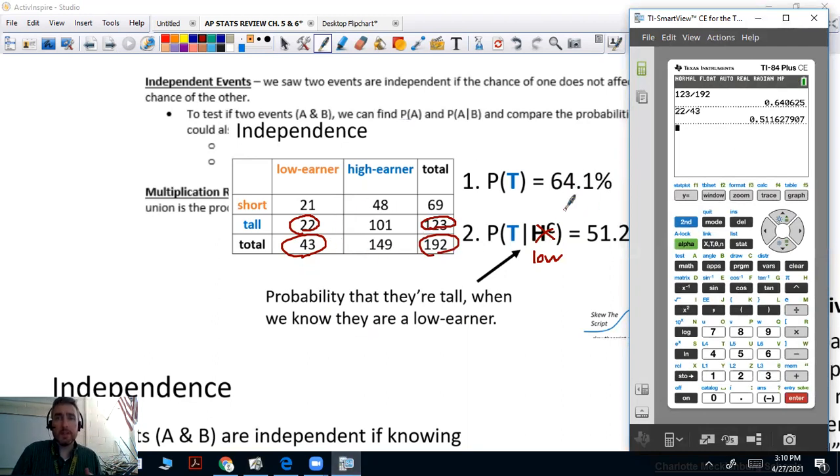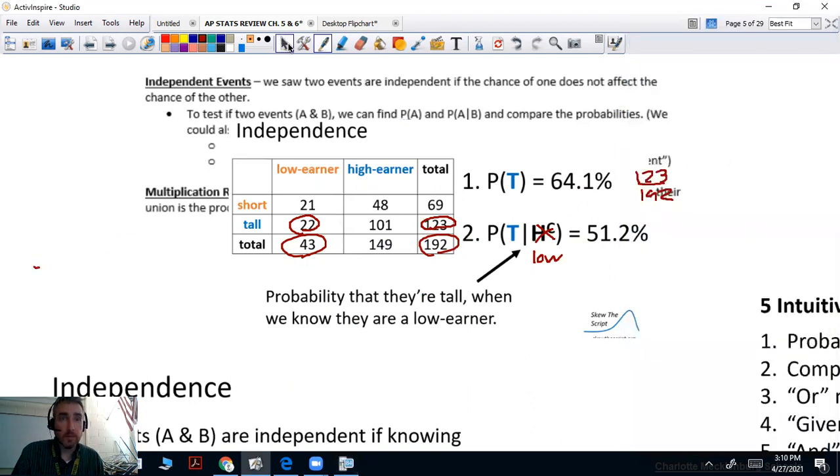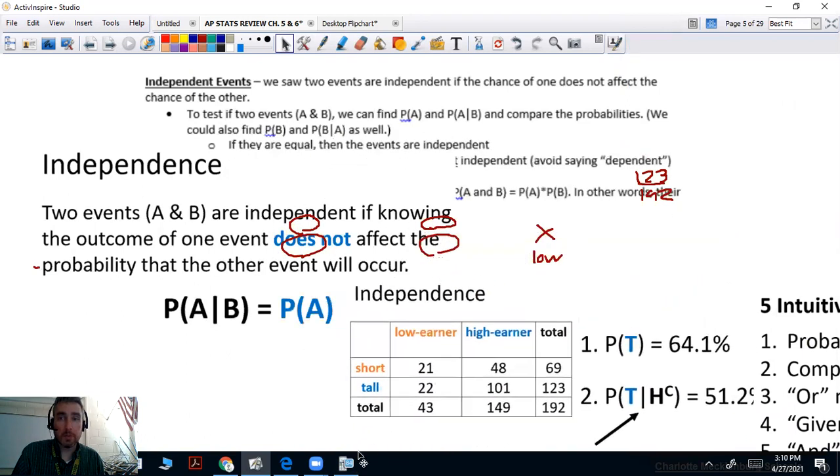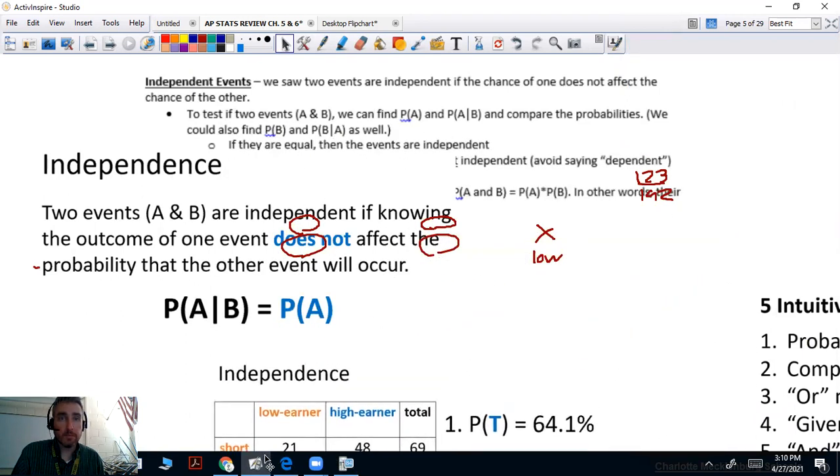So tall and low earner are not independent because they're different numbers. That's how the independence rule works with multiplication.